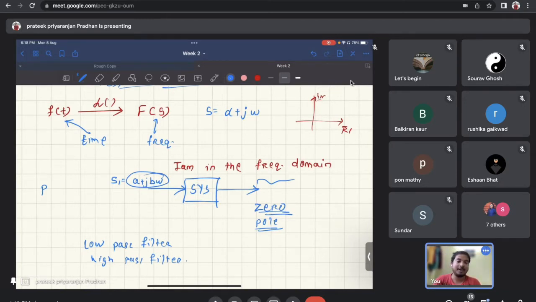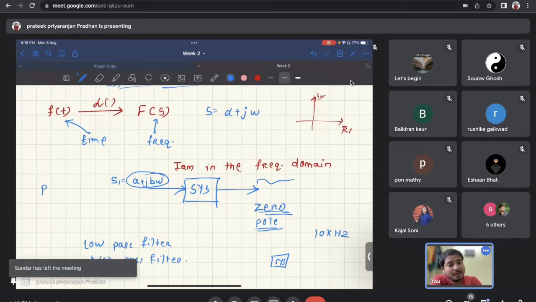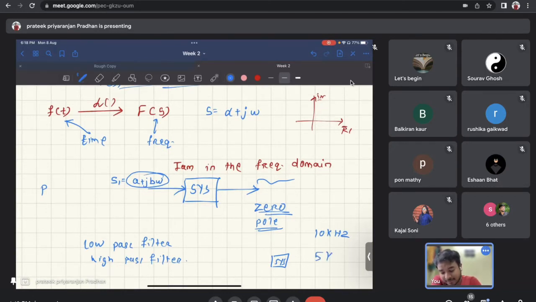Because when I was studying during my bachelor's, nobody had taught me why poles and zeros are important. So just imagine I tell you to design a system that will amplify a particular 10 kilohertz signal, and it will attenuate whatever 5 kilohertz signals are there.